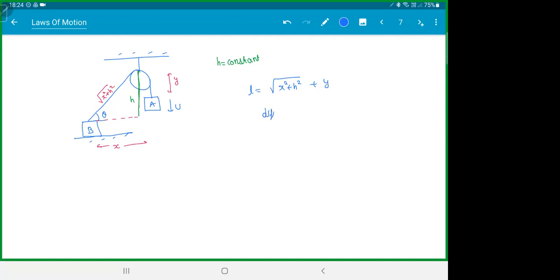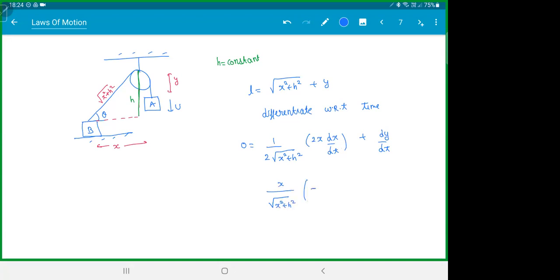Differentiate both sides with time. LHS will be 0. This will be 1 by 2 root x square plus h square, and then differentiate inside, which will be 2x dx by dt, plus dy by dt. Now 2 will cancel, x by root over x square plus h square.